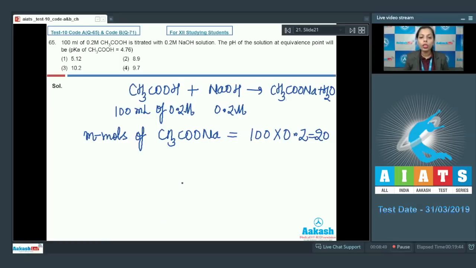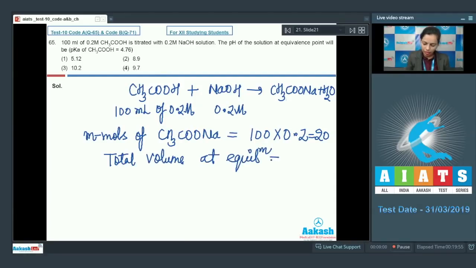Now, what would be the total volume at the equivalence point? 100 plus 100, it means 200 ml. Because acetic acid you are taking with NaOH, and ultimately the total volume becomes 200 ml at equivalence point. Now, what would be the molarity of the salt?